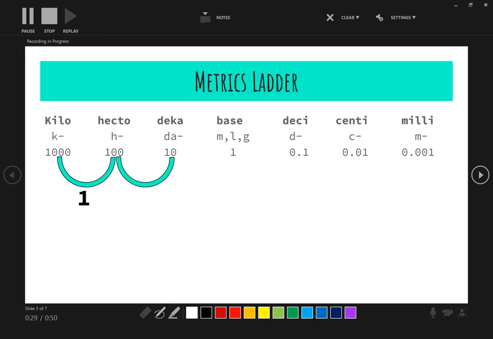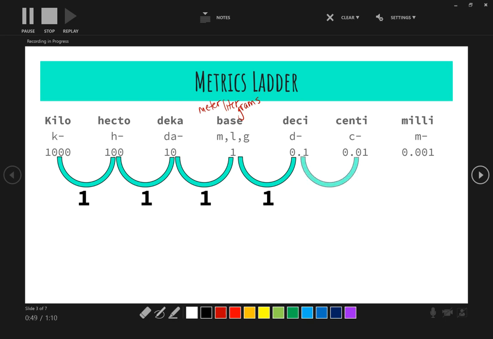Between hecto and deca, we also move 1 decimal place. Between deca and the base unit, again, your base unit is meters, liters, grams. There is no prefix on it. Is also 1. Between the base unit and deci is 1. Between deci and centi is 1. And between centi and milli is 1. So it's nice and easy to remember. You're just moving the decimal 1 place every time you move a metric unit.